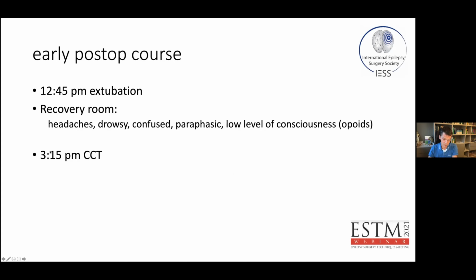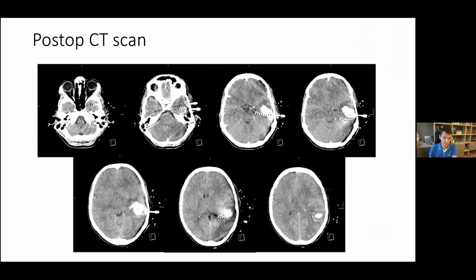So we opted to get the CT scan 2.5 hours after her extubation, and this was the scan. You should see the one electrode here, the second, the third here, and this large hematoma going up to the posterior temporal lobe.